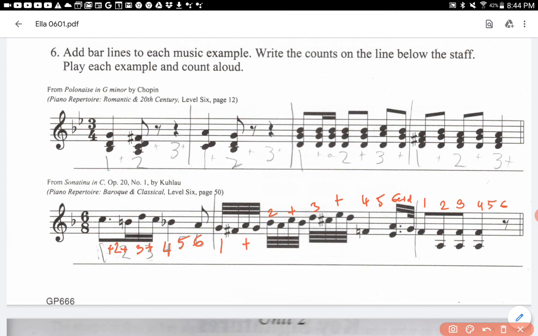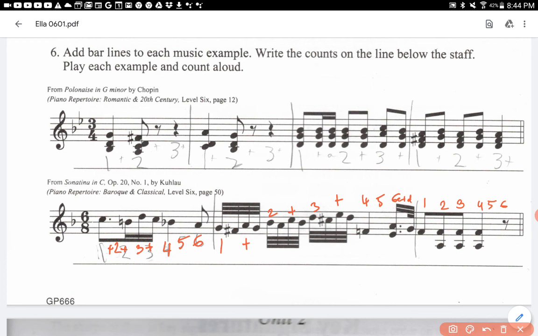1 and 2 and 3 and 4 and 5 and 6 and 1 and 2 and 3 and 4 and 5 and 6 and 1 and 2, 3, 4, 5, 6. Okay, hopefully you got it.